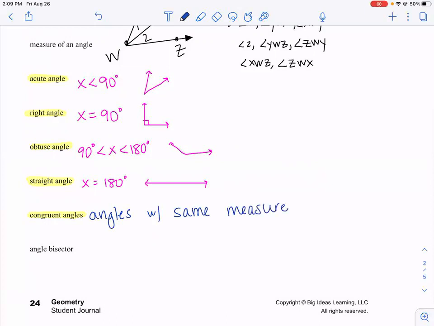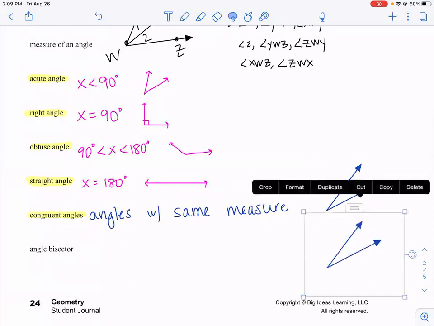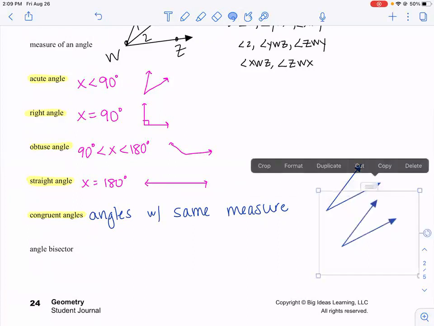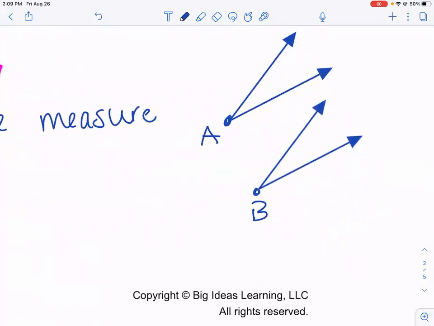If I have two angles that are congruent, I would write the measure of angle A equals the measure of angle B. I could also write that angle A is congruent to angle B. This notation is why you're going to miss points on the test.